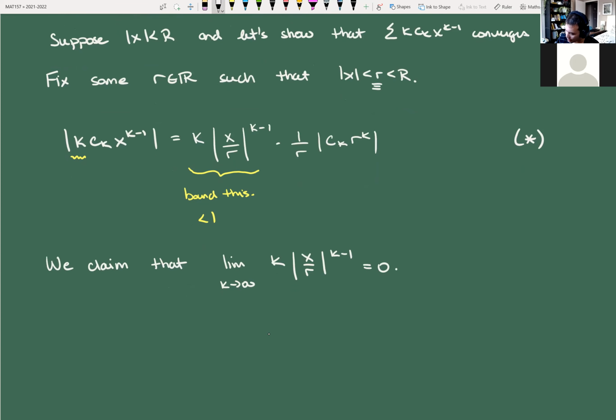We know x is not 0 because it is bigger than big R, and this thing diverges here. So now by the basic comparison test, this also must diverge. So by BCT, the sum of k ck x to the k minus 1 diverges.